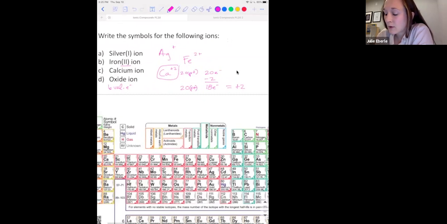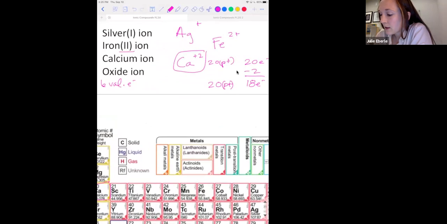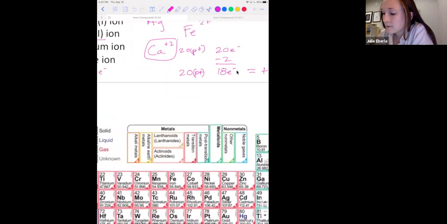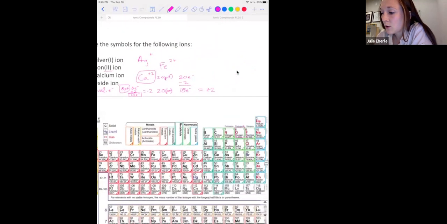If we start out with 8, the atomic number for oxygen is 8, so that's 8 protons. We started out with 8 electrons. We're going to gain 2. Now we have 10 electrons. +8 and -10 adds up to -2. So our symbol here is oxygen with a -2.